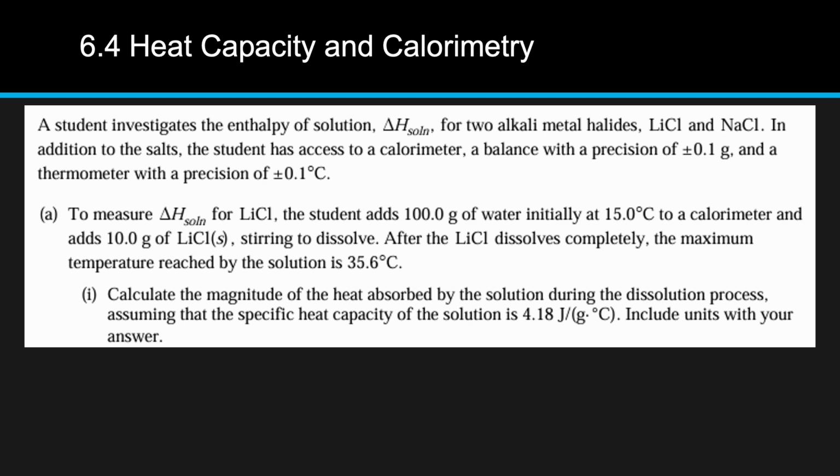Part A says to measure delta H for LiCl, the student adds 100 grams of water initially at 50 degrees Celsius to a calorimeter and adds 10 grams of lithium chloride, stirring to dissolve. After the lithium chloride dissolves completely, the maximum temperature reached by the solution is 35.6 degrees Celsius. Calculate the magnitude of heat absorbed by the solution during the dissolution process, assuming that the specific heat capacity of the solution is 4.18. Include units with your answer.